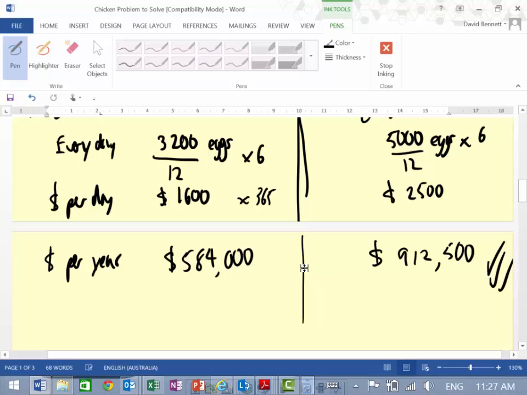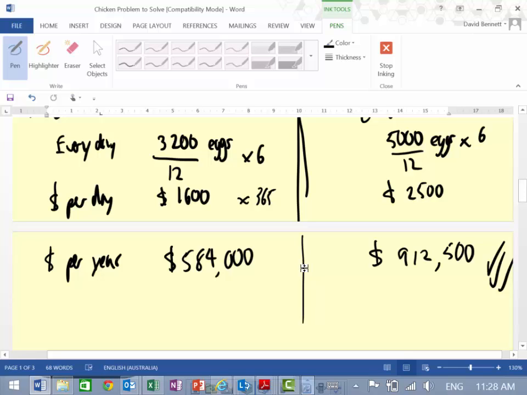Tick, tick, tick, tick. That's the one I want to be. I want to maximise my profits just by being a little bit smarter about how I organise my pen, right? Because I've got the same materials. It just means I can get a whole lot of birds in there extra, which means that I make more money. Alright? So, you know, chicken farmer over there making nearly $1 million a year before costs, of course.